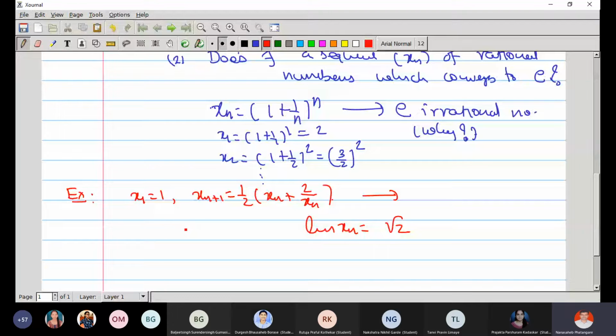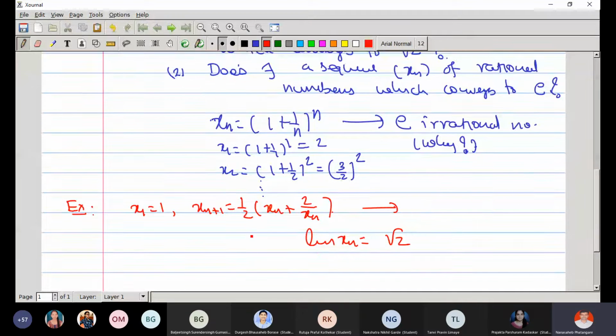If you replace 2 here by a, then it converges to root a for a positive number a. So this is a sequence of rational numbers which converges to root 2.